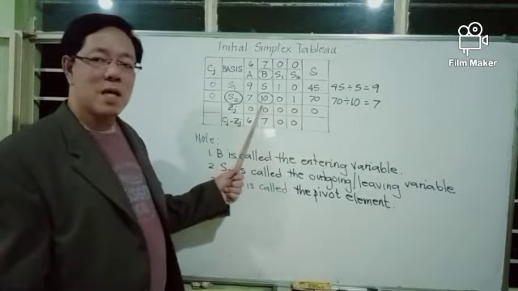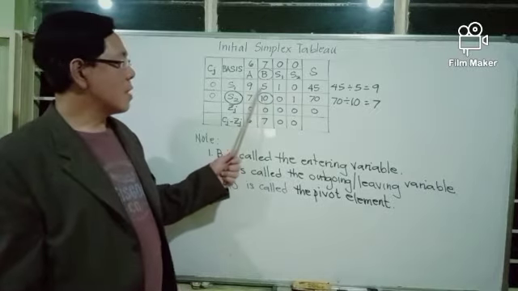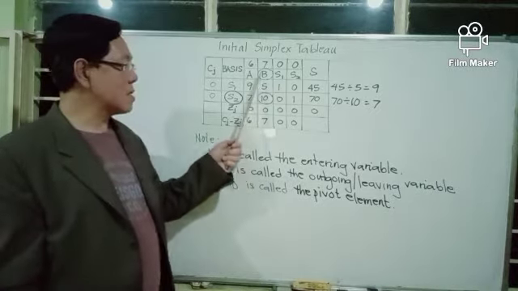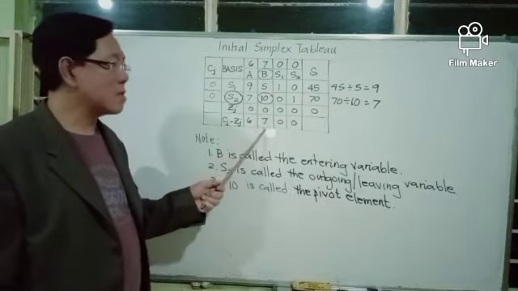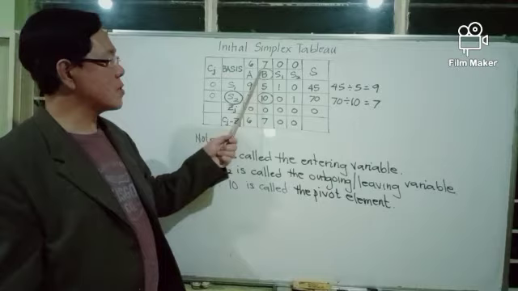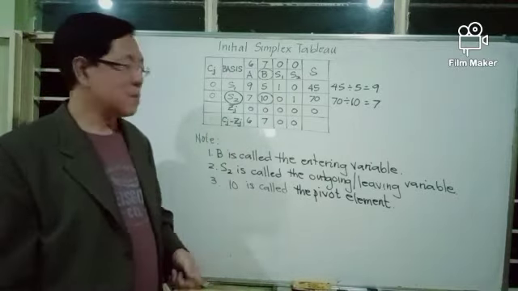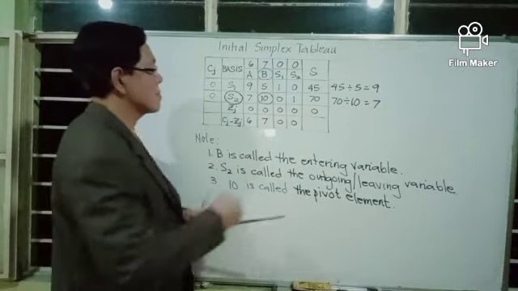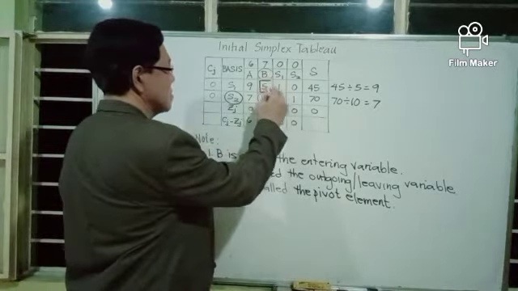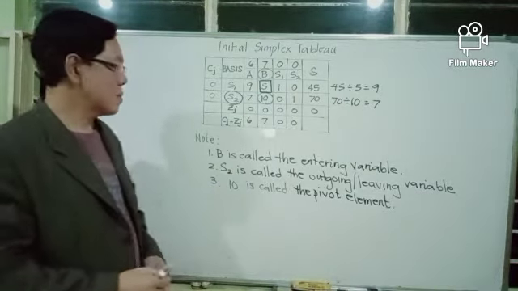So 10 must be changed to 1. And 5 must be changed to 0.